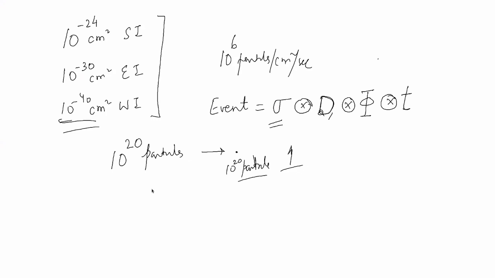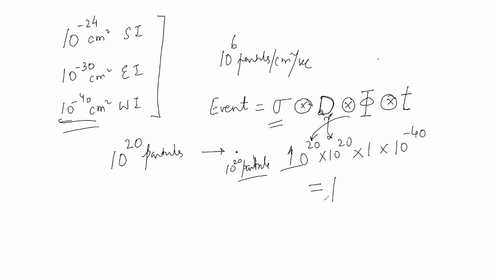10 to the power minus 40 means that, 10 to the power 20 incident flux, 10 to the power 20 target particles, this is the incident flux, time is say 1 second, then what is the cross section? 10 to the power minus 40. What does this mean?